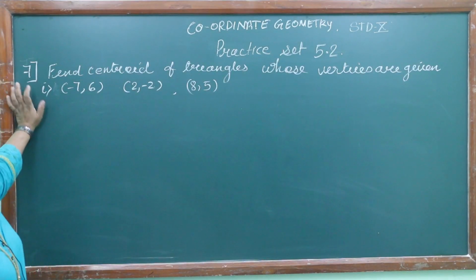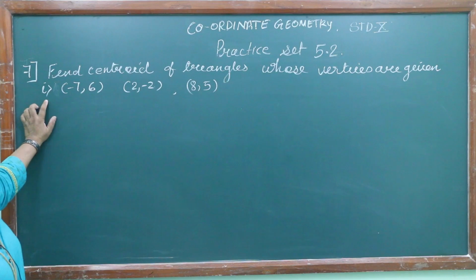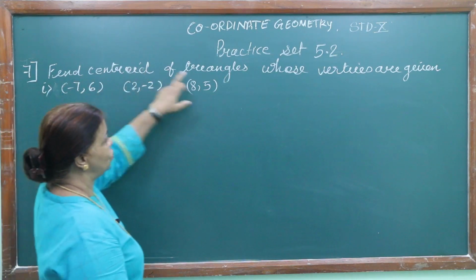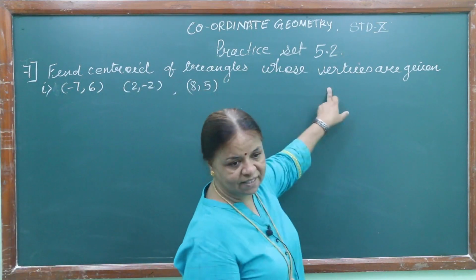Question number 7 and sub question 1. In this we have to find the centroid of the triangle whose vertices are given.